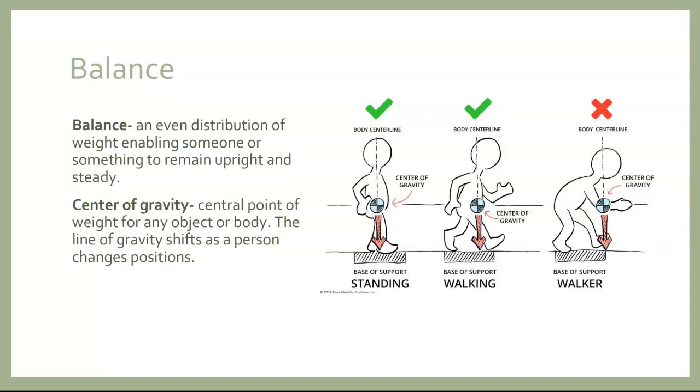So as you can see, one standing, their center of gravity is in one place, and then whenever they start walking, they lean forward a little bit, so our center of gravity moves forward. So you can see the one all the way to the right here is someone that's walking with a walker, but they're leaning over too far, and their center of gravity is not where it should be, so they're more likely to lose their balance and fall.